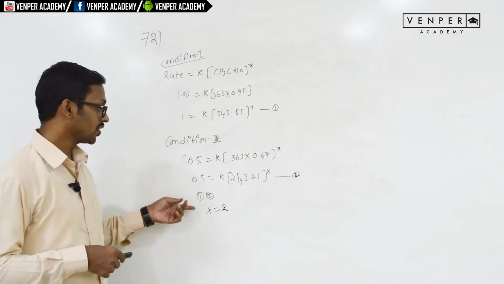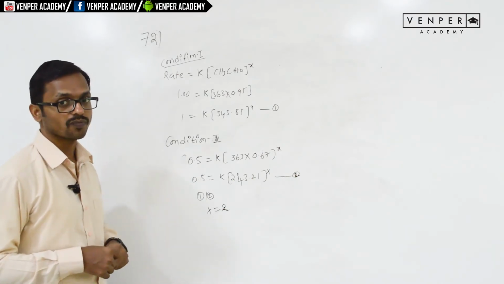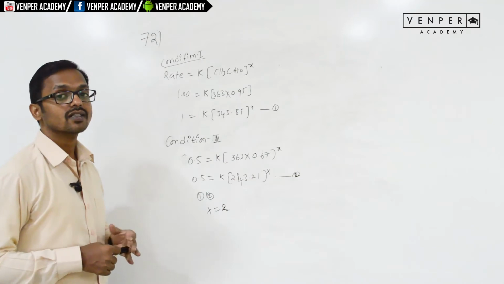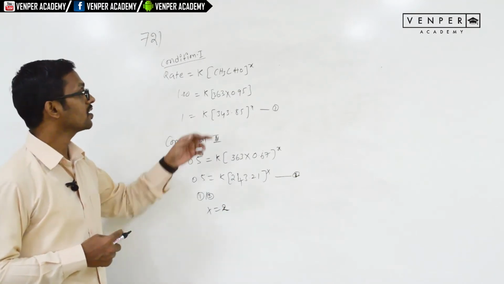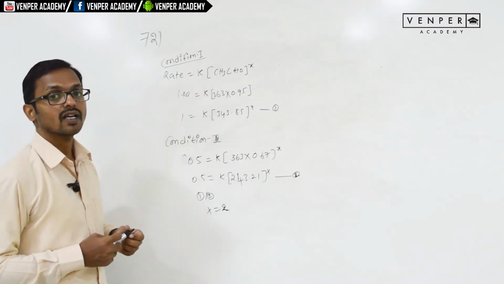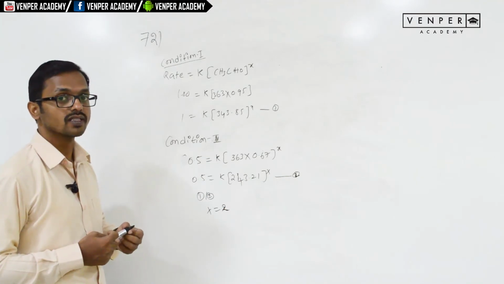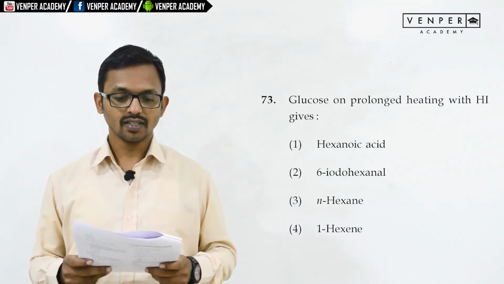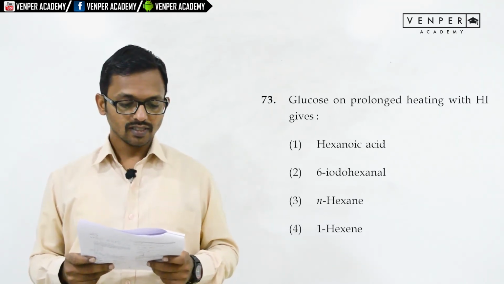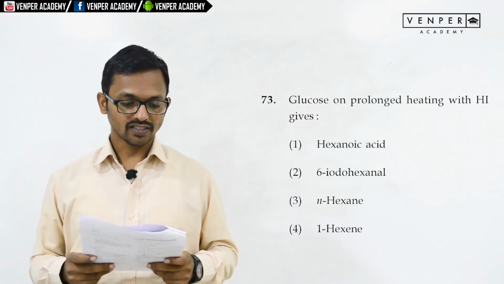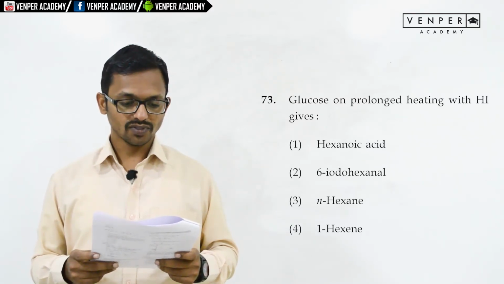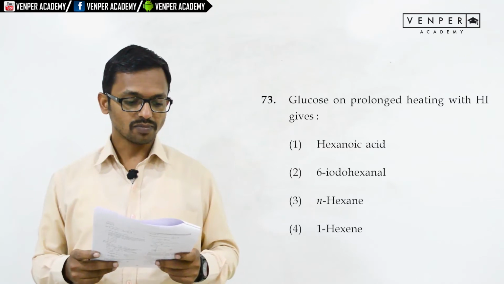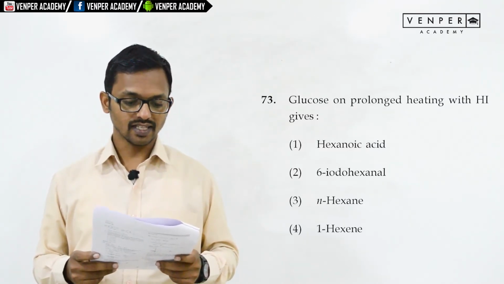So when we do 1 by 2, we will get x is equal to 2. So the answer for this one is, it is a second order reaction, and in the given 4 options, option 3 is correct, which is second order. Question number 73, glucose on prolonged heating with HI gives: option 1 hexanoic acid, option 2 6-iodohexanol, option 3 n-hexane, option 4 1-hexene.